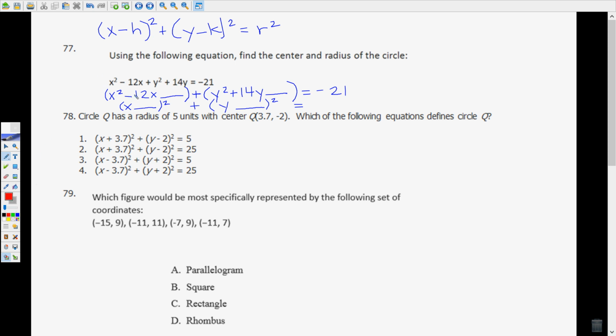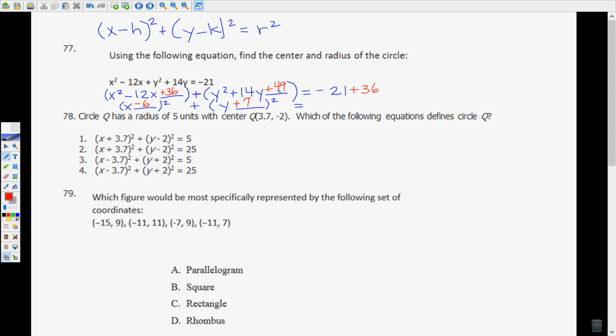If we remember how to do this, we half this number, you get -6, so that number goes here, and then you square that -6, and it's the third term in your trinomial. Remember, what you add to this side, you also have to add to this side to keep your equation balanced. Then over here, you do the same thing. You half the 14, you get 7, and then you square the 7 and get 49.